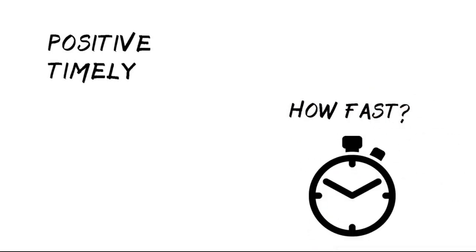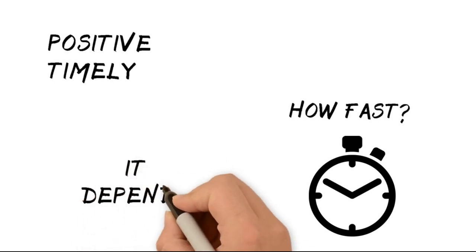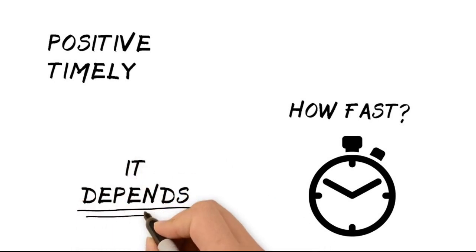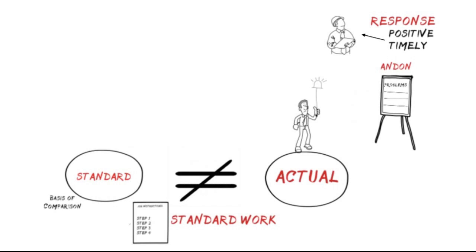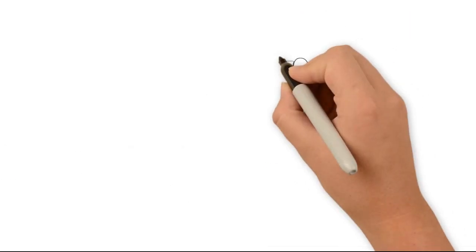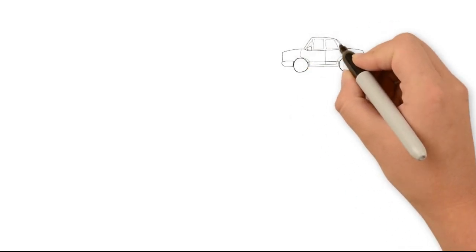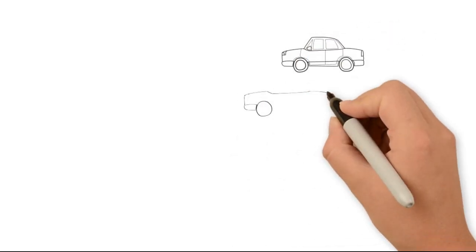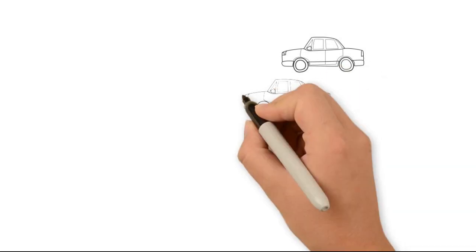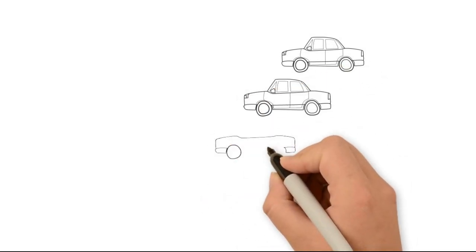Now, how fast should we respond when someone asks for help? Here's an answer that could make you a famous consultant. The answer is, it depends. It depends on what is needed for that specific process and problem. On the automotive assembly line, where they are producing a car every minute, the response needs to take place in a few seconds.